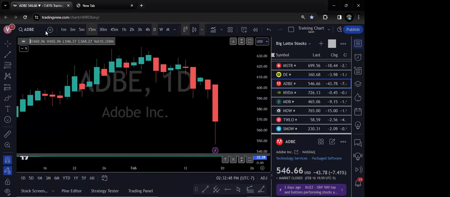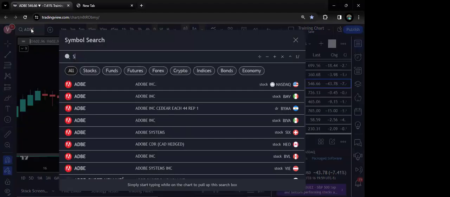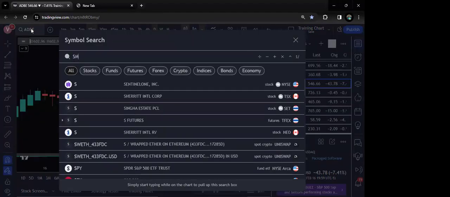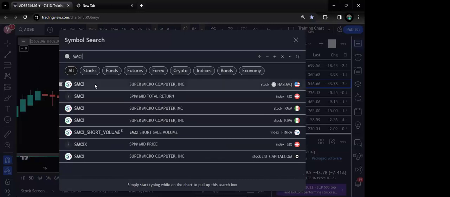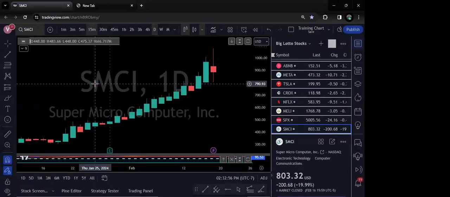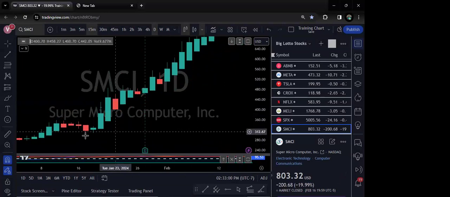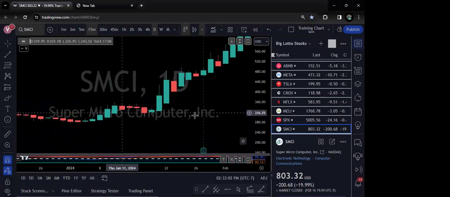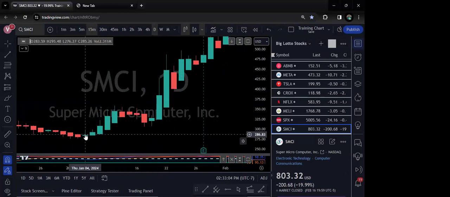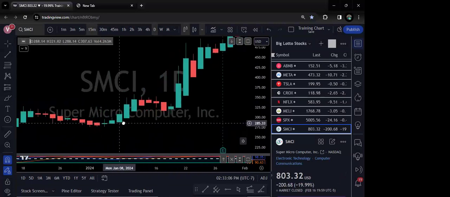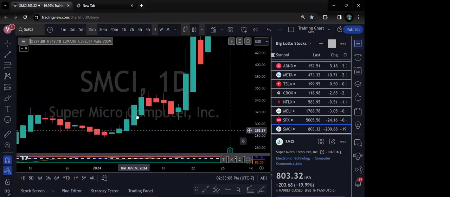Now let's look at a stock that was not confused. Some days it was. Okay, so we had here a change of character, but where was the close?